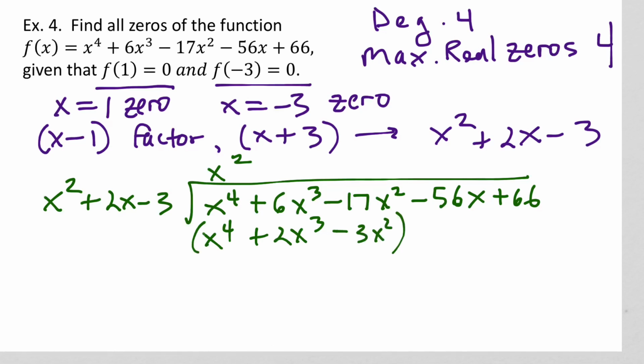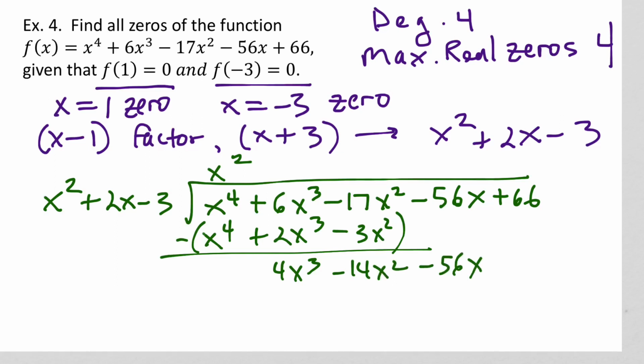Now I subtract. So I get 0. 6 minus 2 is 4, so this is 4x cubed. Negative 17 plus 3 is negative 14x squared. Bring down the negative 56x.